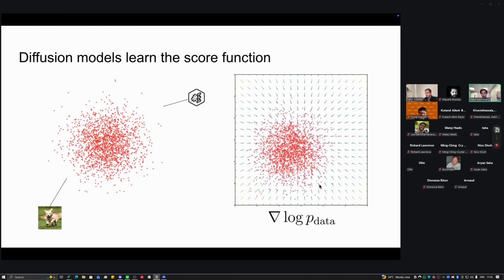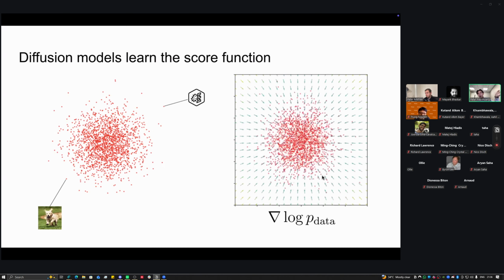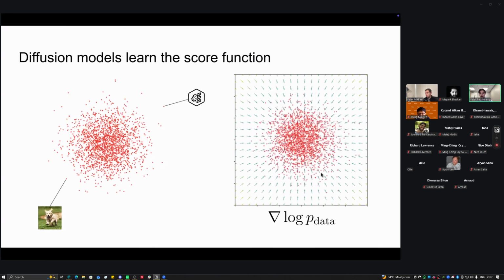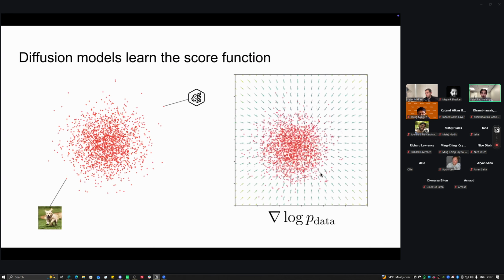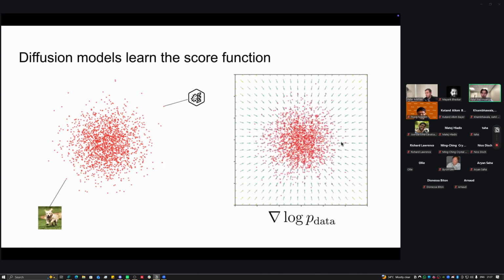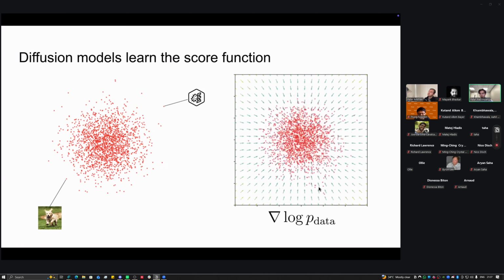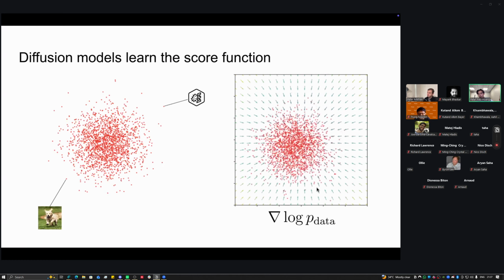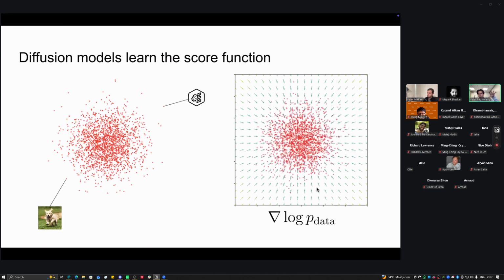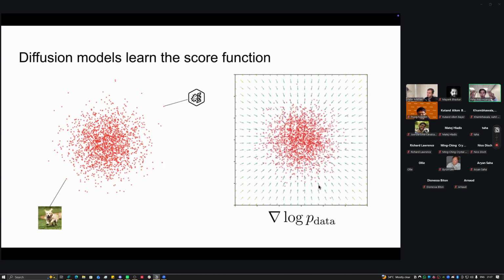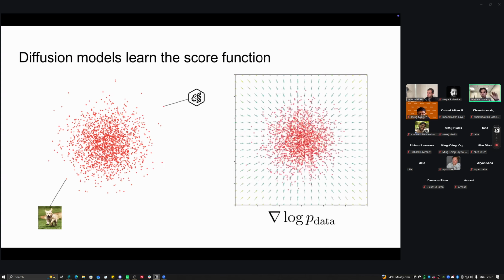Specifically, diffusion models learn many score functions for many noise annealed versions of your data distribution. But the core intuition here is that it learns a single vector field, a score function, where if learned perfectly, moving along this vector field, starting from initial samples, will eventually converge to a stationary distribution, which is our P data.